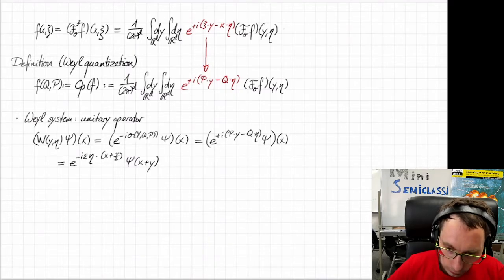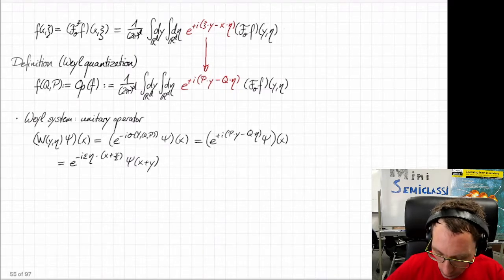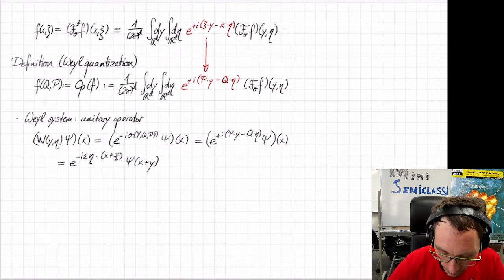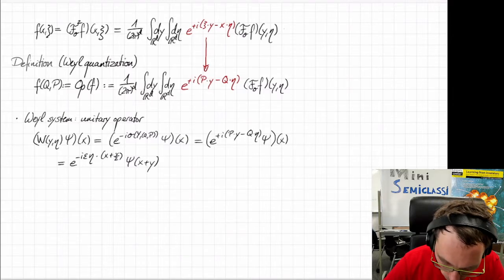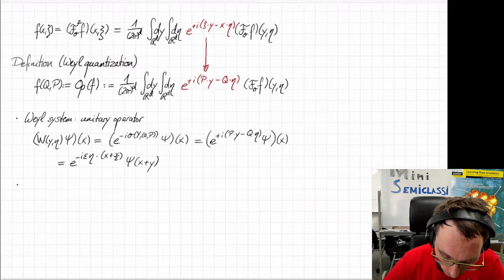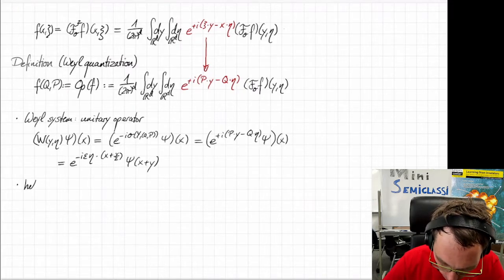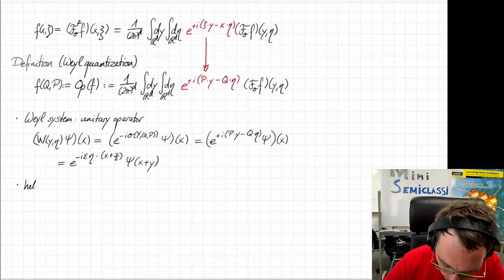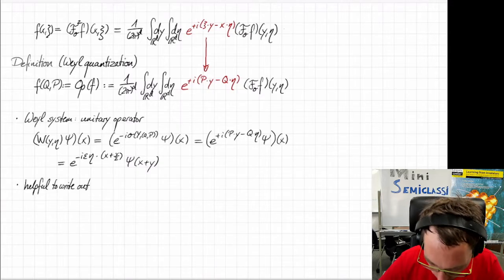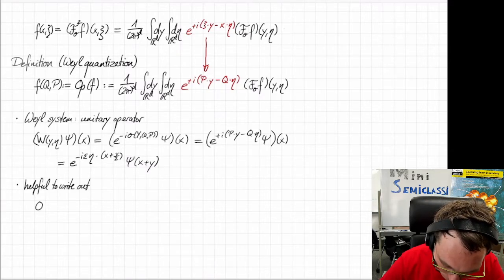So this is just the result of a computation. And with this, it is helpful to write out the action of op f onto a function psi. So we will use this later on.